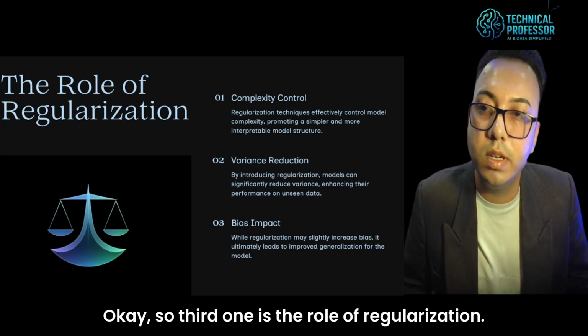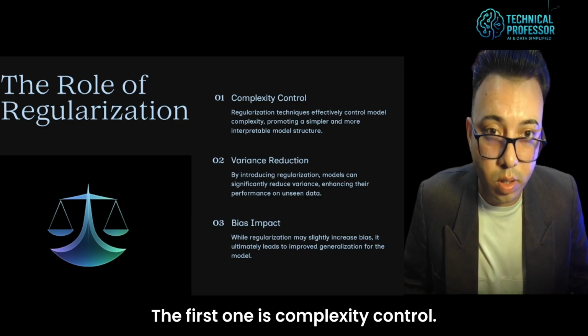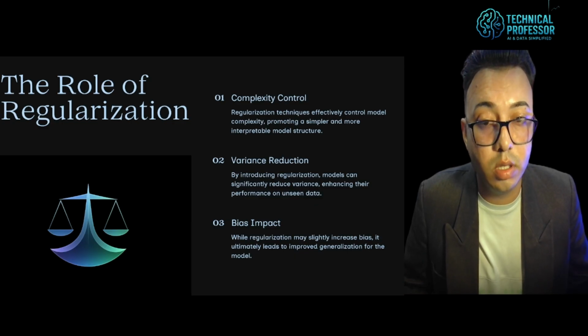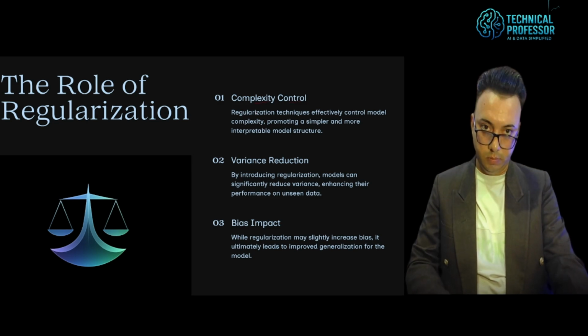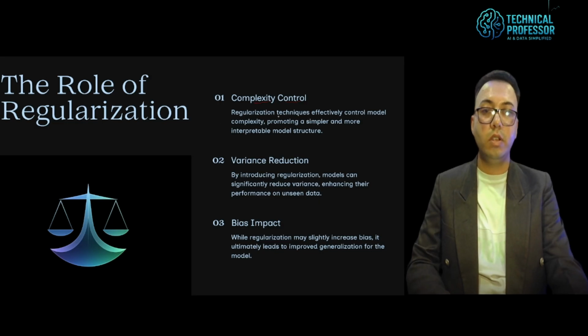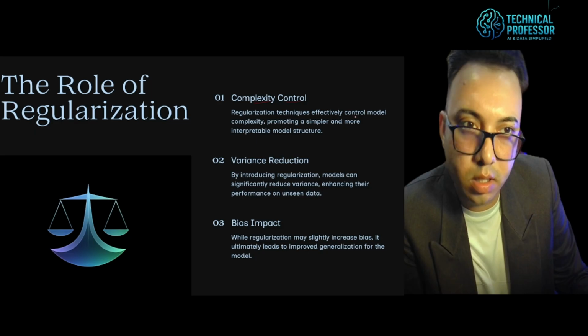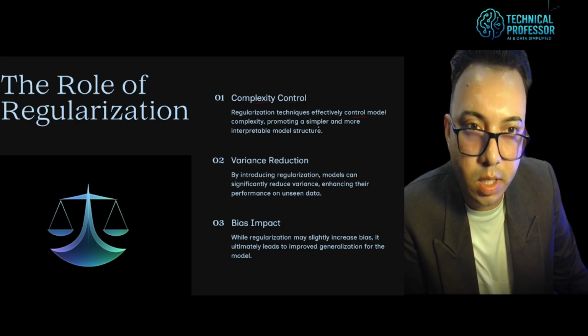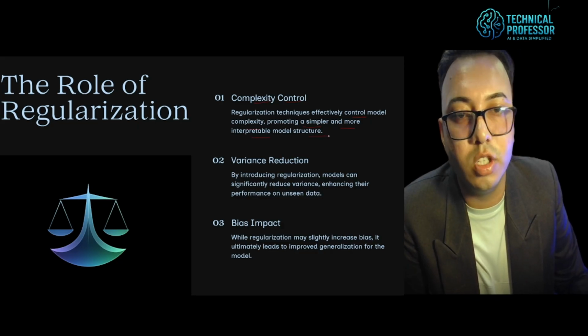Okay, so next is the role of regularization. The first one is complexity control. Second one, variance reduction, and third, bias impact. Regularization techniques effectively control model complexity, promoting a simpler and more interpretable model structure.